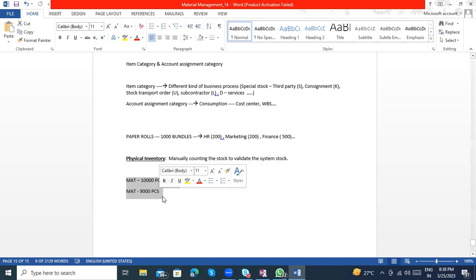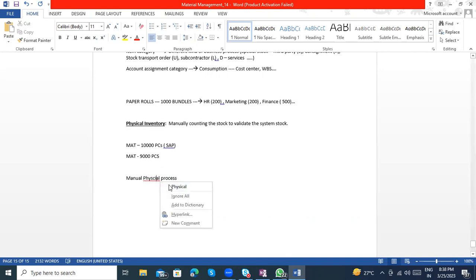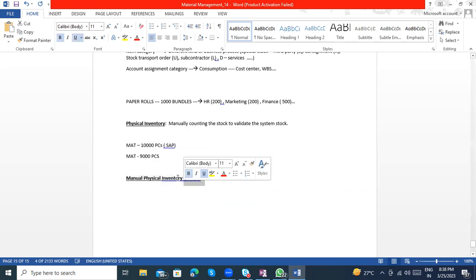In the physical inventory process we have the manual physical inventory process. That means suppose our manager suddenly requests us to do physical inventory, checking the stock in the warehouse against the system.